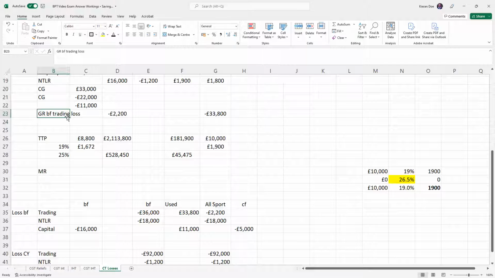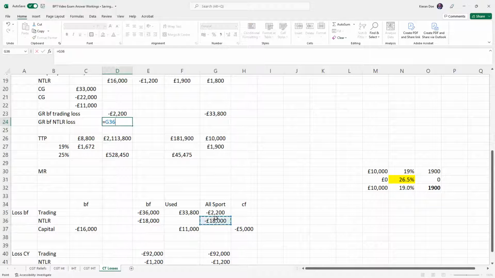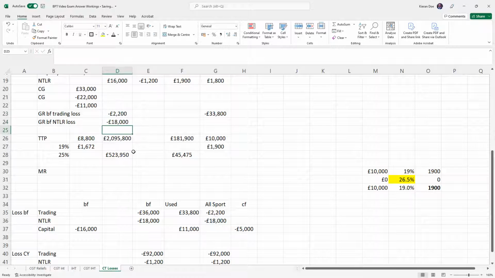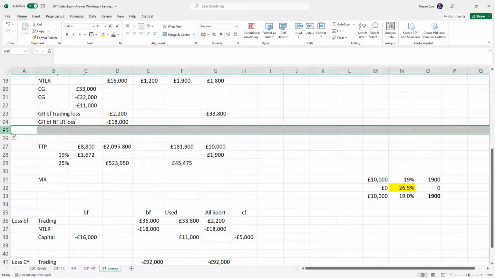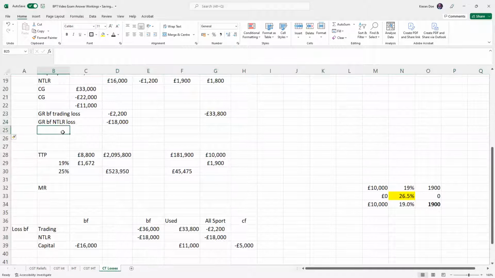Then we've got group relief, the brought forward NTLR loss as well, which works in the same way. You can just group relief that in the same way. So we've got the 18k there. And then we've got the group relief for the current year losses. I mean, you could really just do them together. You could put group relief, current year losses.